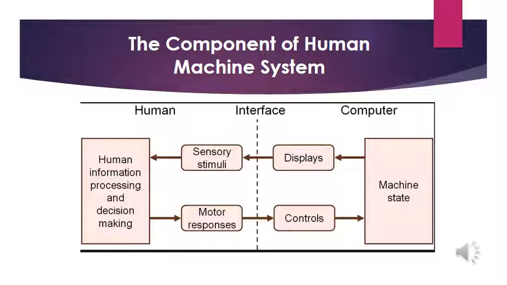All those displays and controls become the interface for the human to communicate with the computer. Meanwhile, for human elements, there are sensory stimuli and motor responses, which affect how the human reacts with the system interface and how decisions are made.